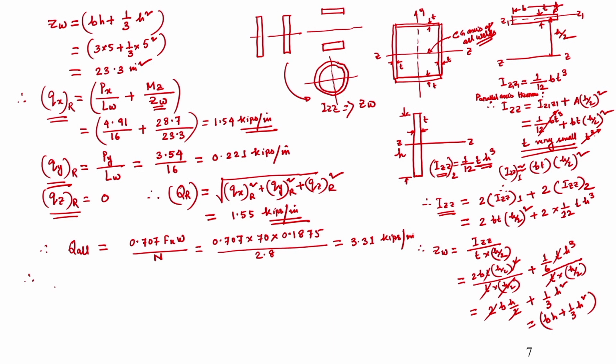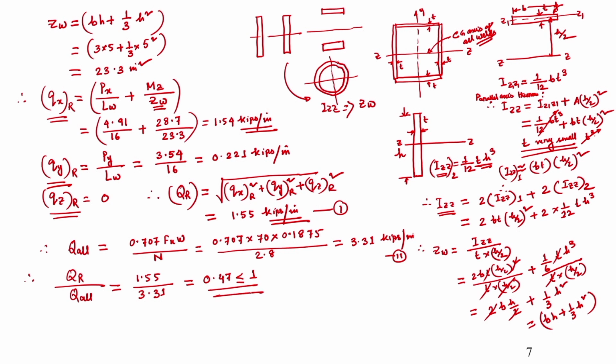Now we need to check the ratio QR divided by Q allowable. QR is 1.55, from equation number 1, and Q allowable is 3.31, from equation number 2. This gives a value of 0.47, which is much lesser than 1.